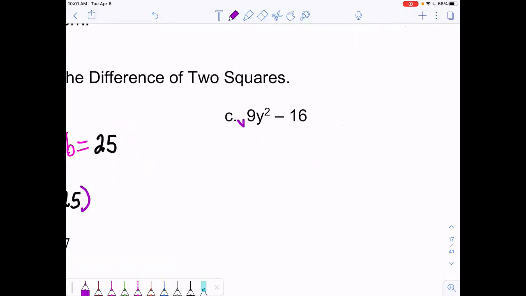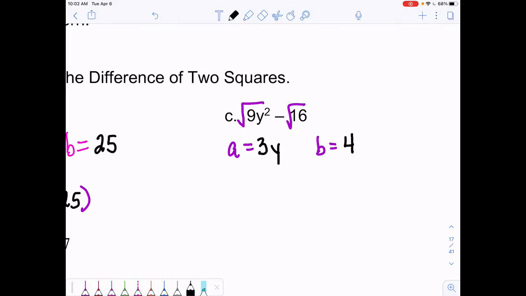So again, we're taking the square root of both of them. So Jason, now we have a 9y squared. So let's start with the 9. What times what makes 9? 3. And what times what makes y squared? Yeah, y. And then you gave me 16, which is 4.